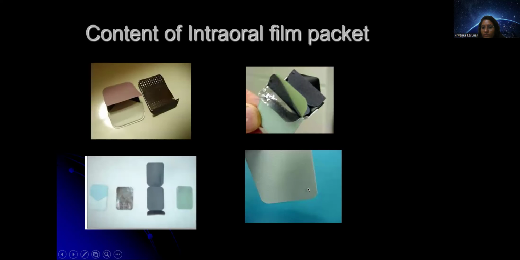It is just for the orientation of the X-ray film, and on the backing portion of the X-ray film packet there is lead foil. The lead foil is used for prevention of backscattered radiation, and this black paper, which is present on both sides, is used for protection from light, and then the blue tinted X-ray film.